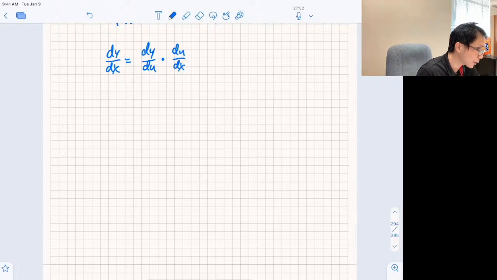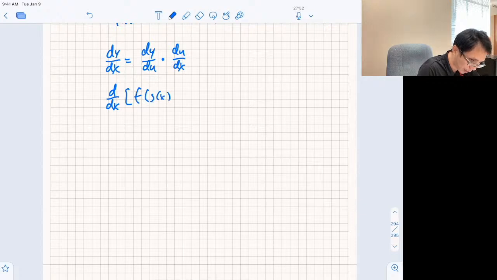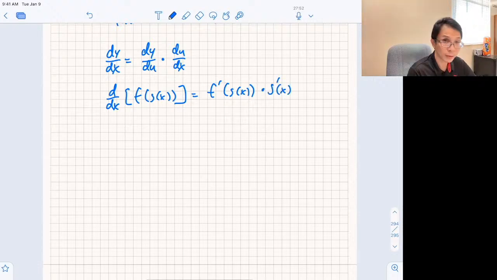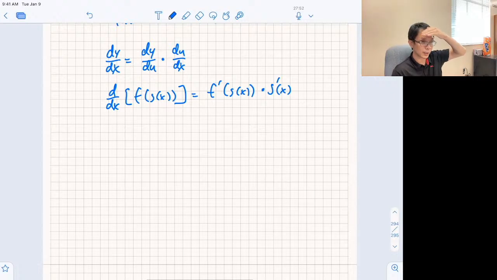Some people are very good with math and can understand this very intuitively. But this is the way I usually explain it because it makes much more sense: if I take the derivative of f of g of x, that's going to be f prime of g of x times g prime of x. Those are the things you'll be dealing with in the chain rule.